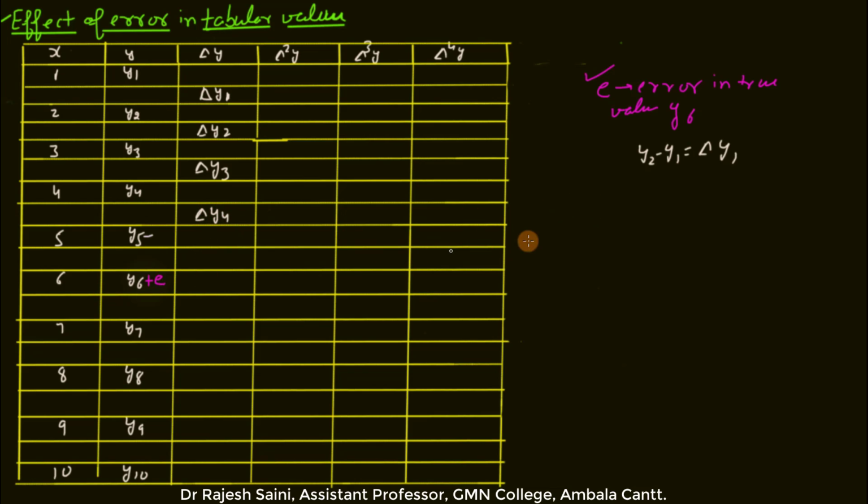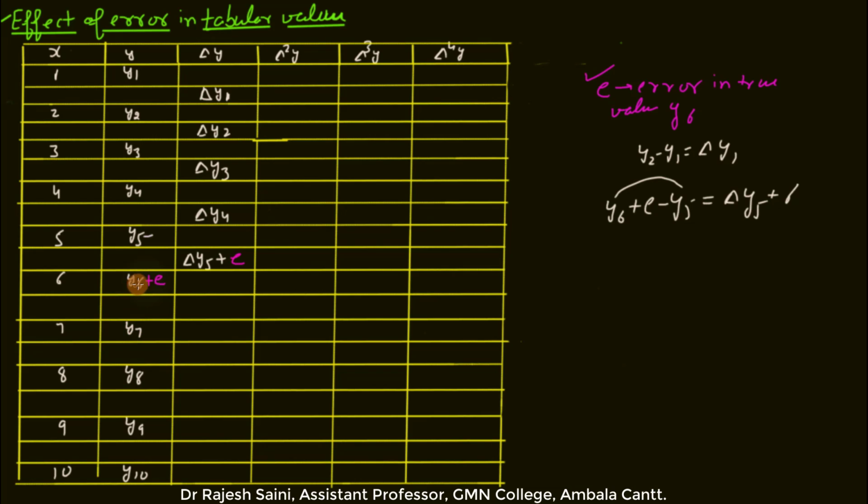And y6 plus e minus y5, this y6 minus y5 is nothing but delta y5, so here will be delta y5 plus e.